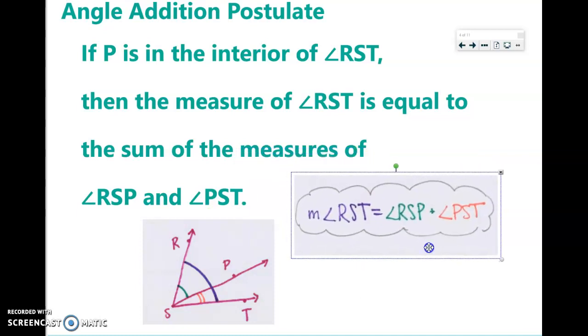So go ahead and write down the equation here that represents the angle addition postulate. Very similar to the line segment addition postulate that we learned in a previous section.